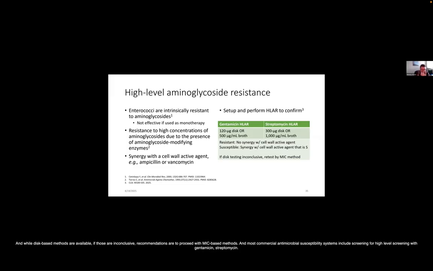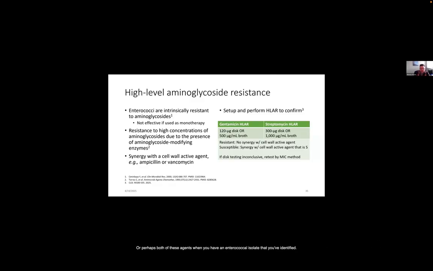While disc-based methods are available, if those are inconclusive, recommendations are to proceed with MIC-based methods. And most commercial antimicrobial susceptibility systems include high-level screening with gentamicin, streptomycin, or perhaps both of these agents when you have an enterococcal isolate that you've identified.